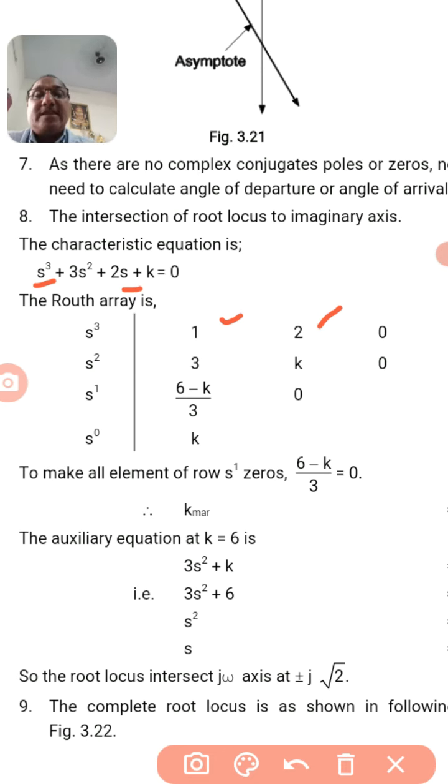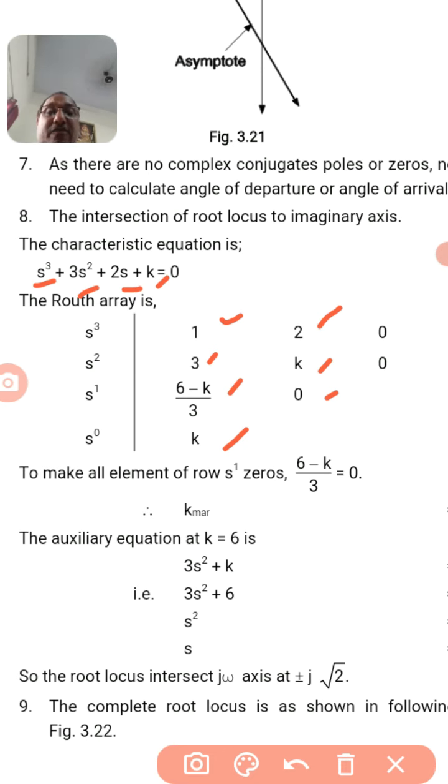Secondly, for 3s square: 3, here 3, k, here k, and 0 and so on. So 3 into 2, that is 6, minus k, upon 3, and 0 after that. Again, (6 minus k) upon 3 into k divided by (6 minus k) upon 3, this k will be there.